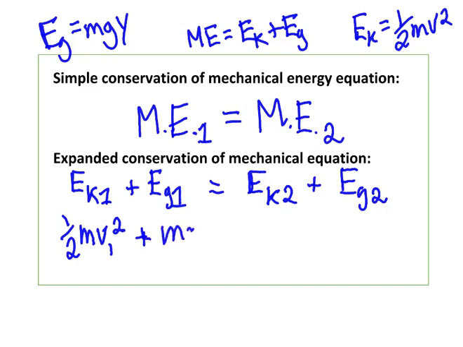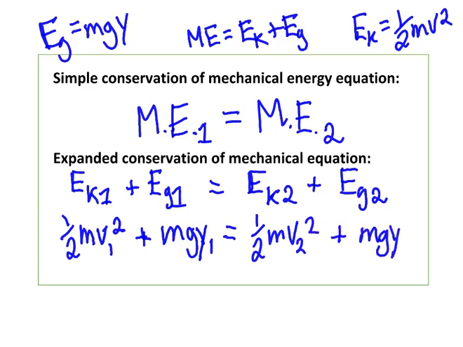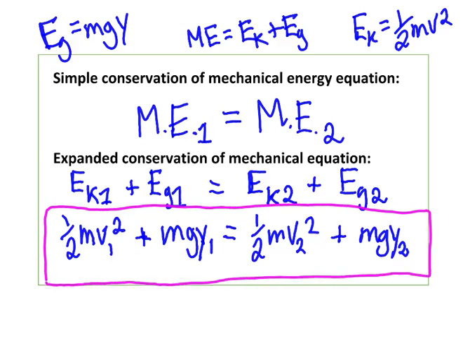EG1 is going to be mgy1. And that will equal your final kinetic energy, which is a half mv2 squared plus mgy2. So that'll be your final gravitational energy. And that's really the form that we often use our conservation of energy equation in.